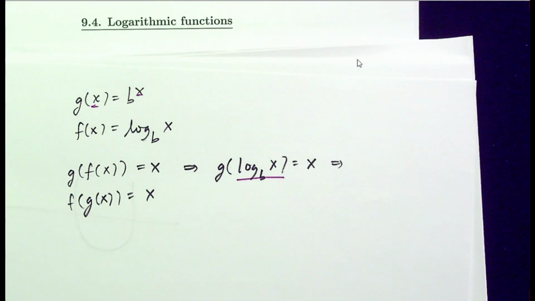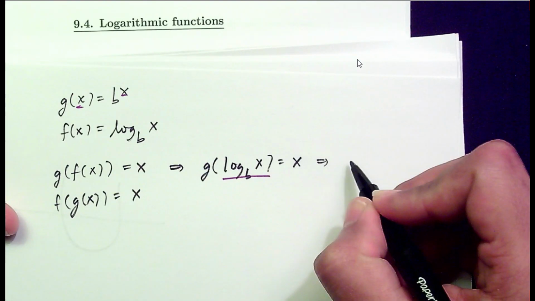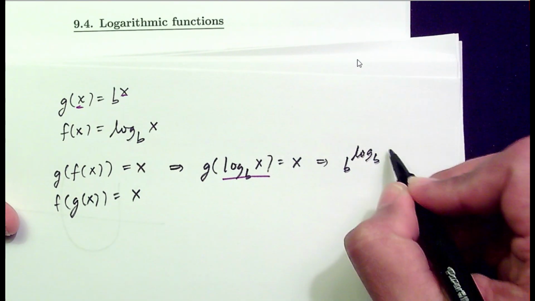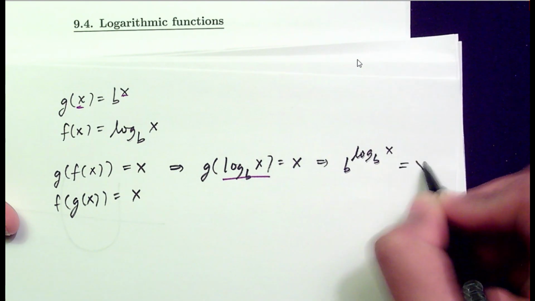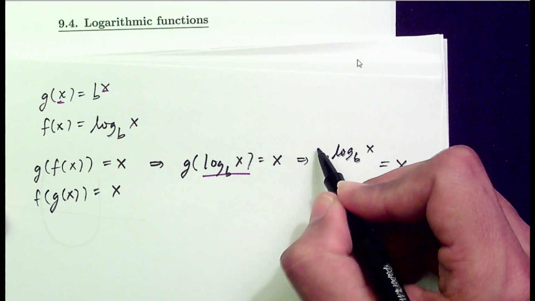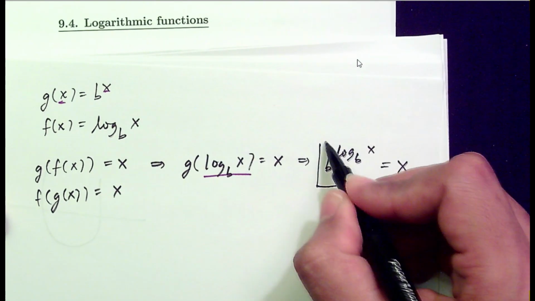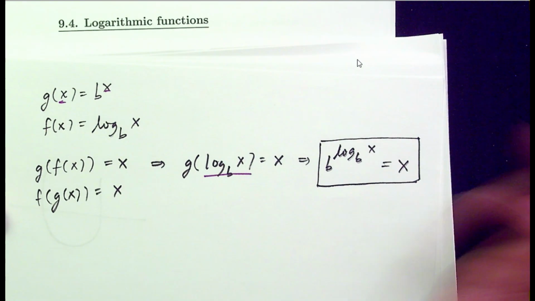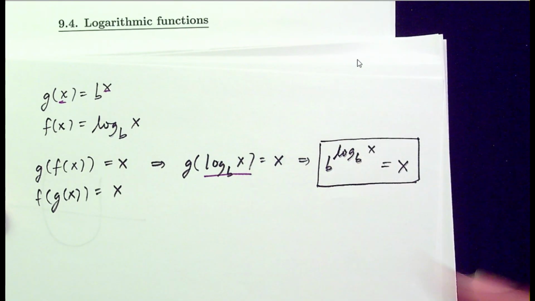So it's then going to be b to the log base b of x equals x. So you get this property. These two cancel each other, you get back x.